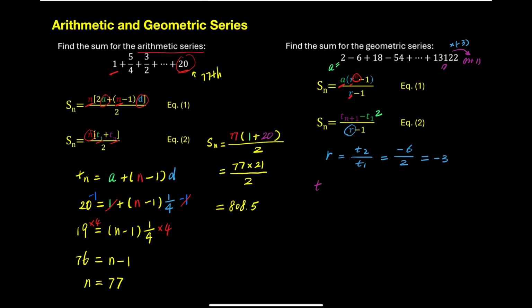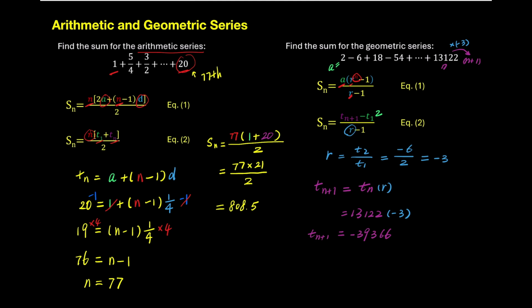So we have Tn plus 1 equals Tn times R. So Tn is 13,122 times negative 3. Then we know the n plus 1th term is minus 39,366.